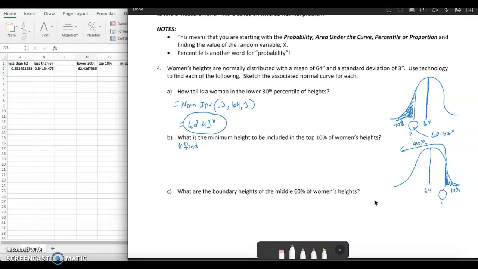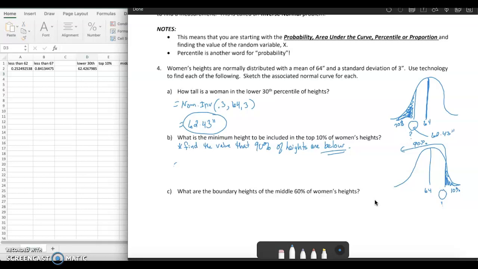It's the same value. I don't need to do any sort of 1 minus in my calculation. I've already done the 1 minus. If I'm looking for the top 10%, that's the same thing as 90% being below it.